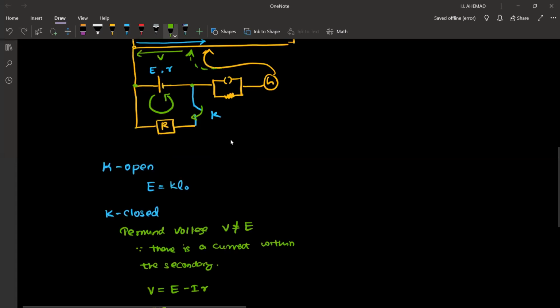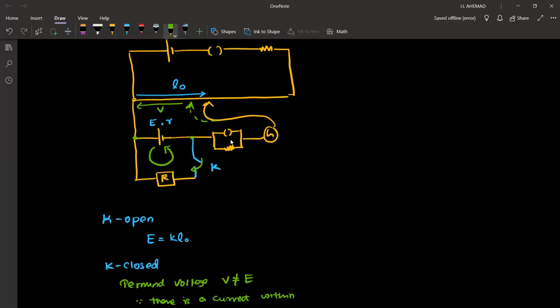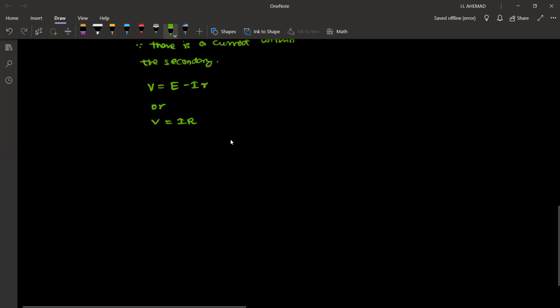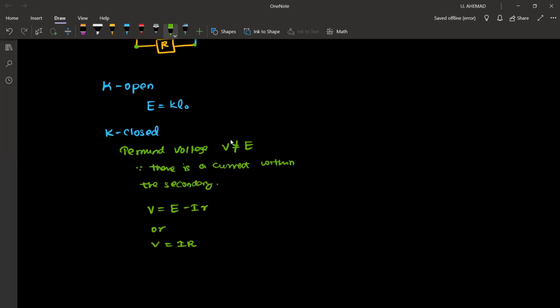Both of them are correct. Is it clear? You can use the terminal voltage equation V equal to E minus Ir, or you can use V is equal to IR because it is the same voltage across this resistor also. Is it clear?